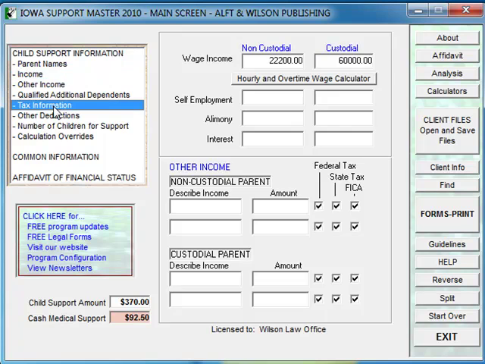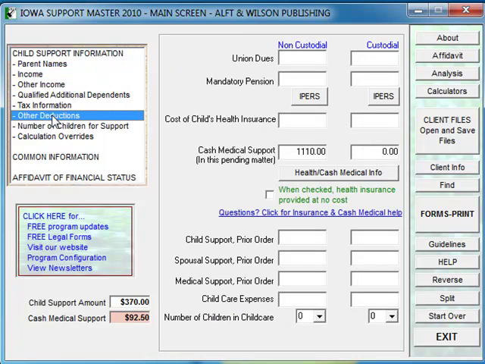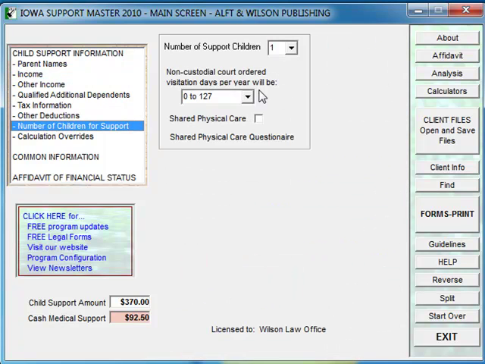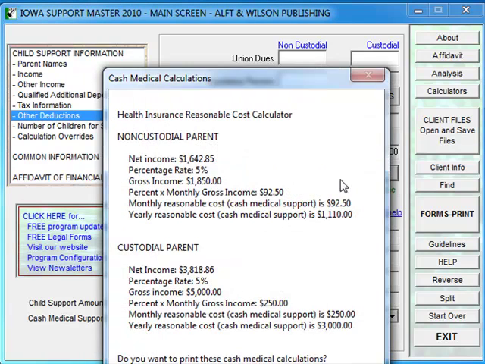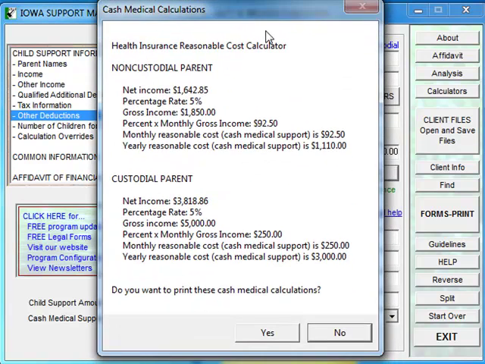So let's go ahead and look at the other deductions. Once again, this is a one-child case, and so the program has this nifty little button right here that tells you the numbers for health and cash medical. If I click on that, it pulls it up and shows the non-custodial parent's income and what the cost of cash medical support would be. This number, $92.50, is the ceiling for a reasonable cost of health insurance.